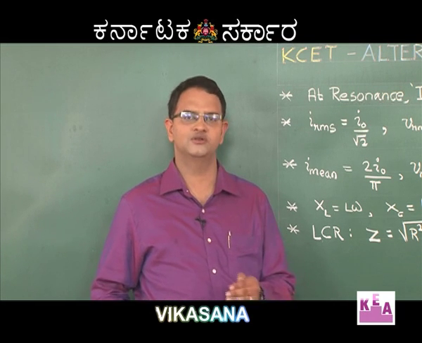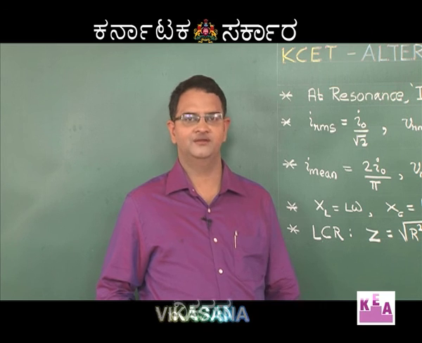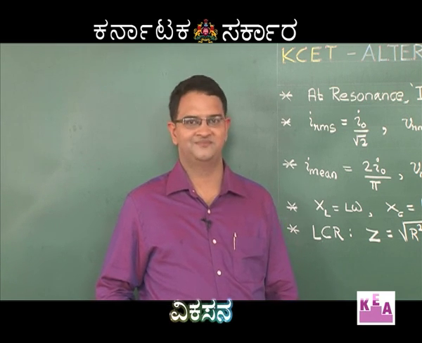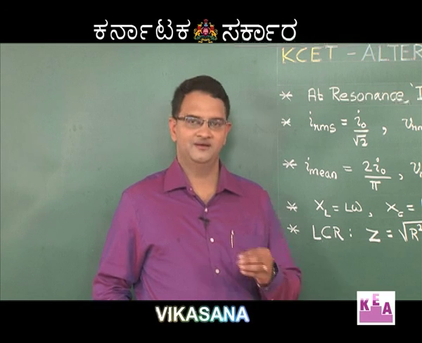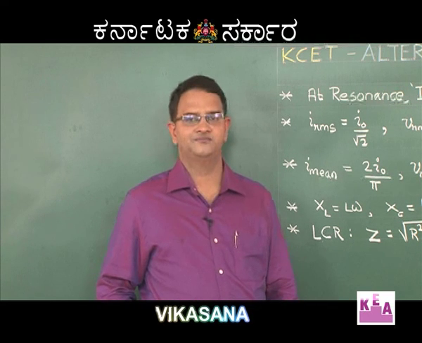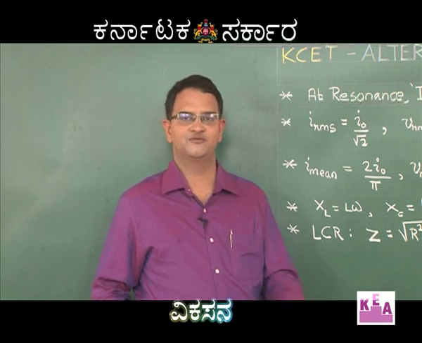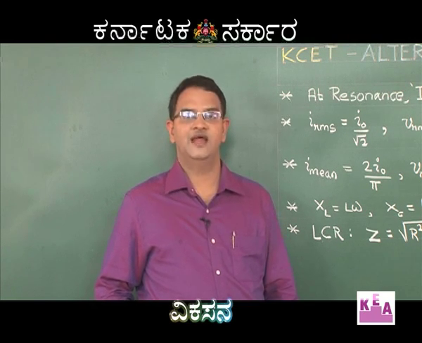That means there is no time delay between the voltage across a resistor and the current flowing through the resistor. So, V will be simply equal to IR, using which we will be able to find out the value of the current if we are given the value of the AC voltage source.